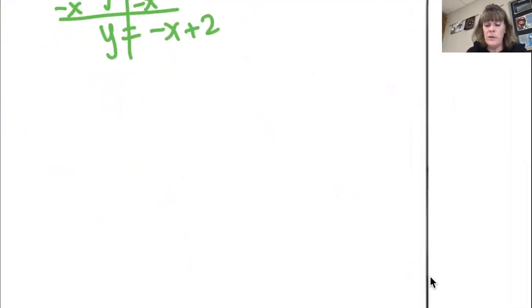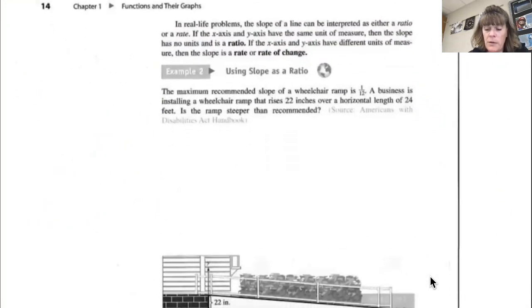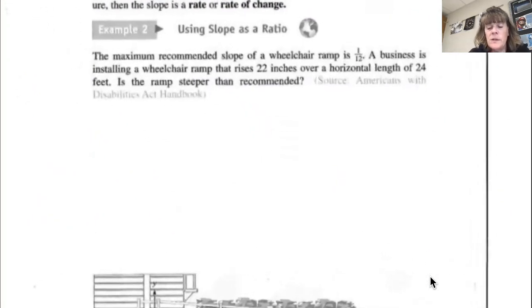All right, so that brings us to the next problem, using slope as a ratio. The maximum recommended slope of a wheelchair ramp is 1/12. A business is installing a wheelchair ramp that rises 22 inches over a horizontal length of 24 feet.